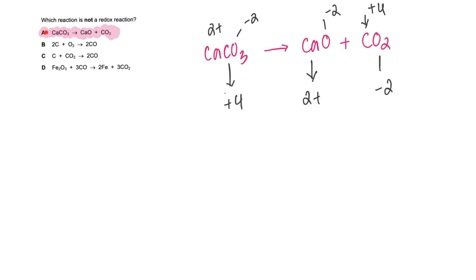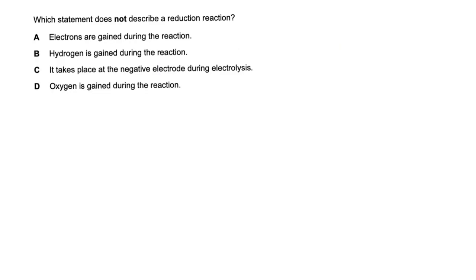So, which statement does not describe a redox reaction? Electrons are gained during a reaction. Well, that's a reduction reaction, not redox. So reduction is essentially gain of electrons. Remember OIL RIG, right? So this is describing reduction. Hydrogen is gained during a reaction.